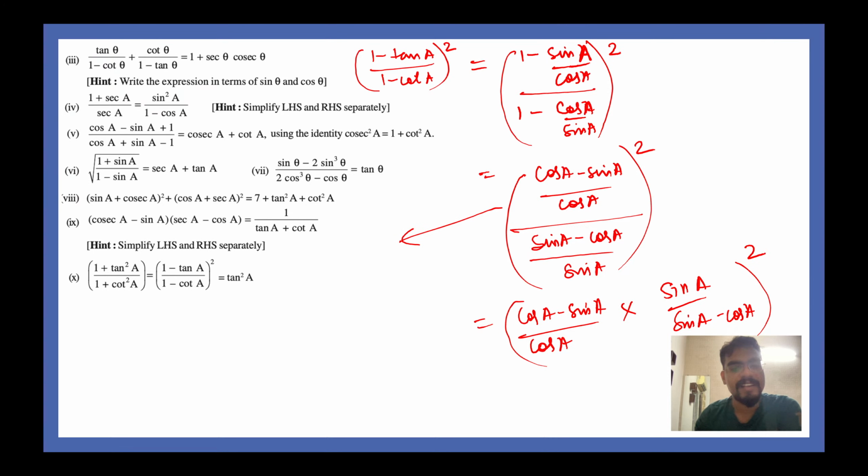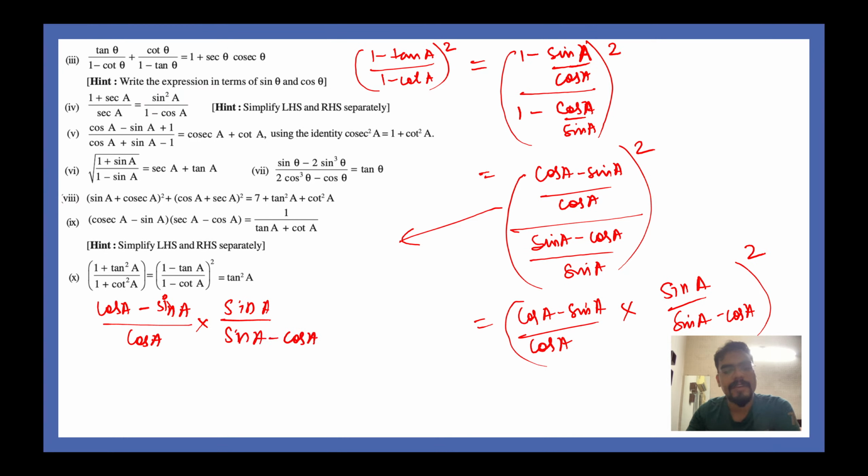What I am doing here is taking the numerator, (cos A − sin A) upon cos A, multiplied by sin A, taking the reciprocal of the denominator, so sin A divided by (sin A − cos A). Yes, and we have a square here.